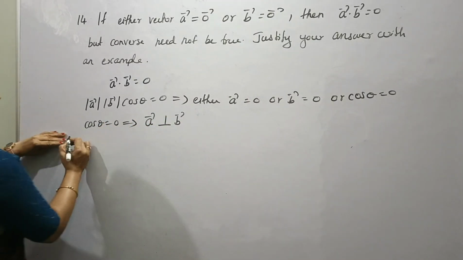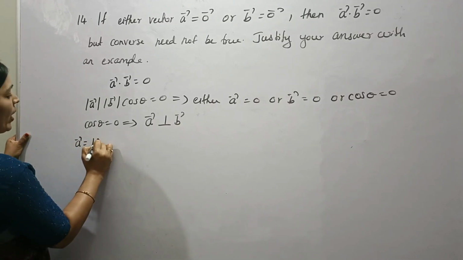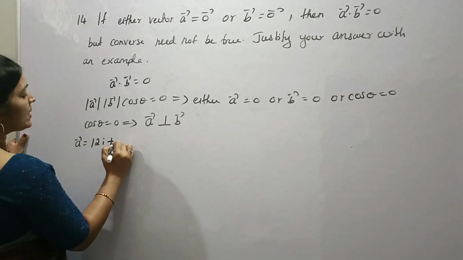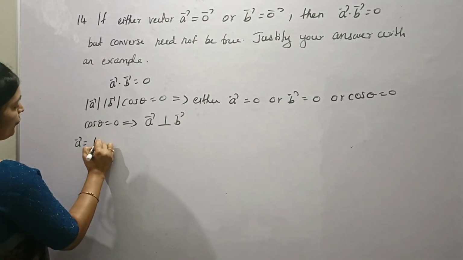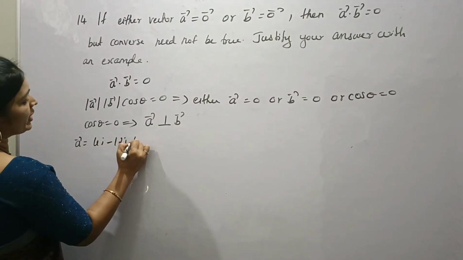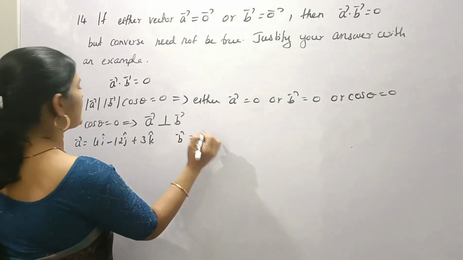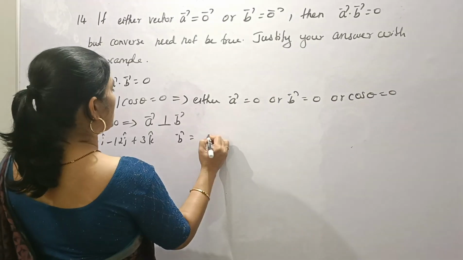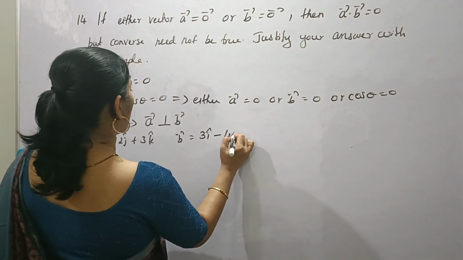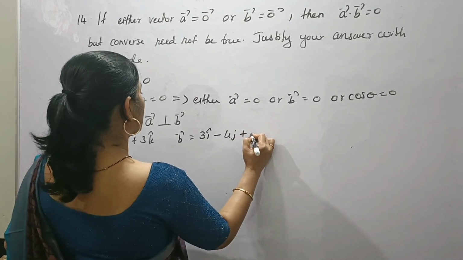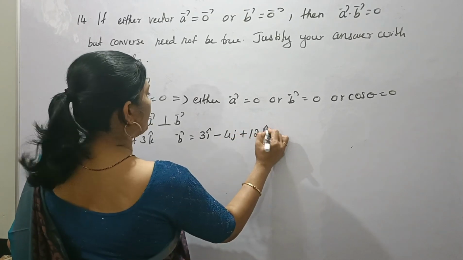For example, here vector A is equal to 4i minus 12j plus 3k. And vector B is equal to 3i minus 4j plus 12k.